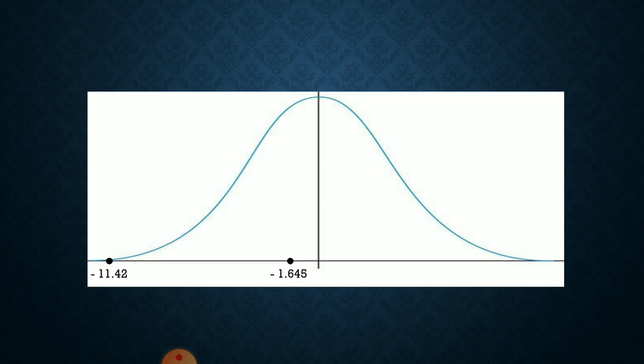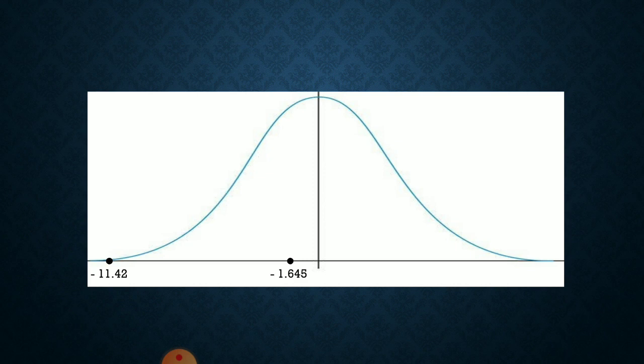Then, on the leftmost part of the graph, we have the z computed value of negative 11.42. From this itself, the z computed value goes beyond the z tabular value. Therefore, we will disconfirm H0 or we will reject the null hypothesis.